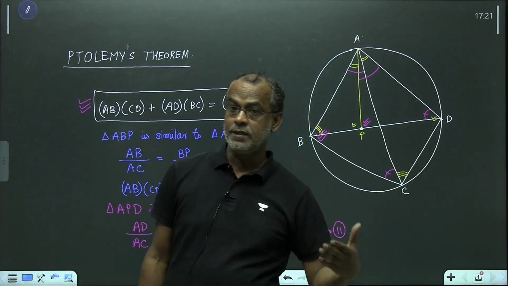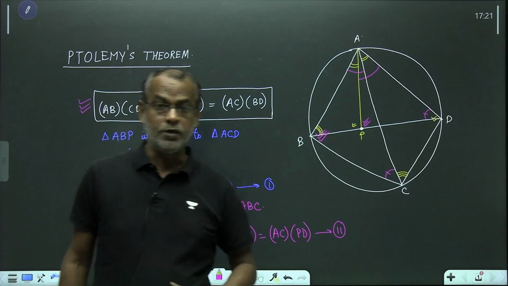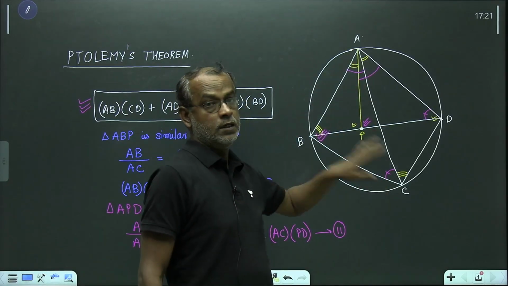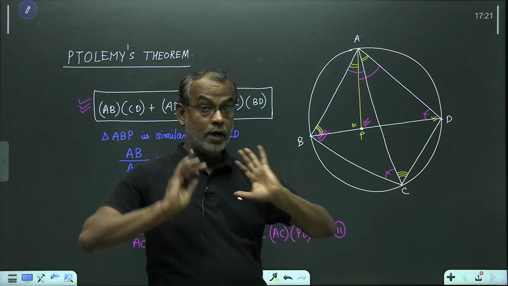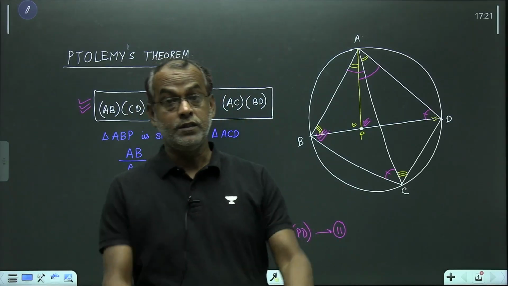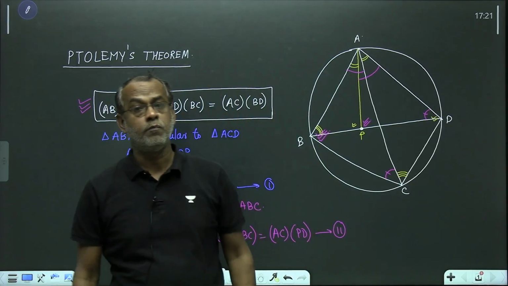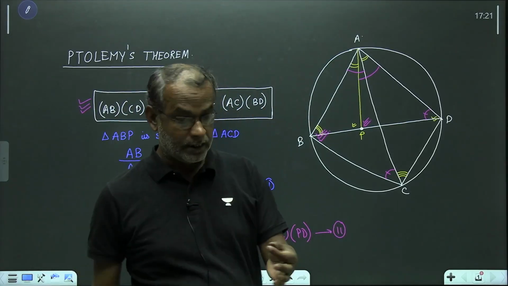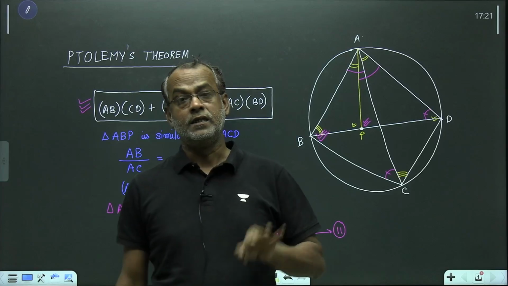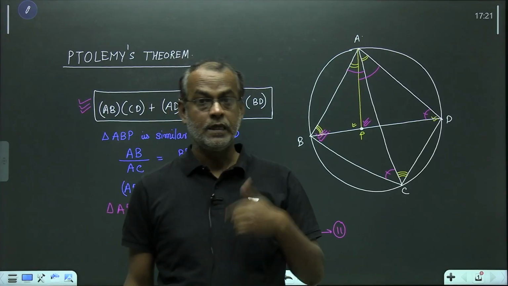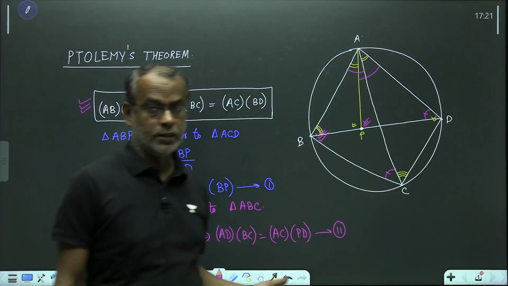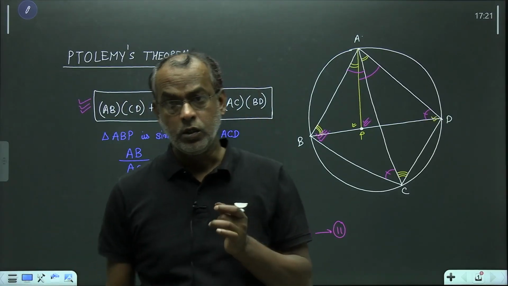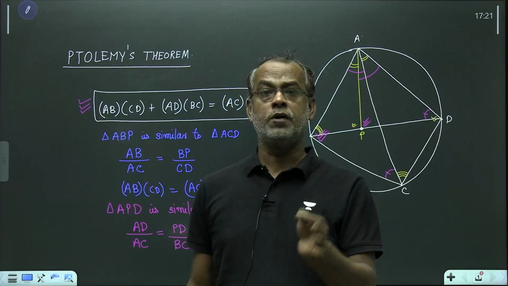I am not saying that this is the only way, there are other ways to establish it, but using pure geometry we have just considered a point. Later on in problem solving, there can be points of time where, in dealing with a problem, you consider a point such that this angle is equal to this angle, and then proceed. So it has given you one way to explore a possible geometrical situation.